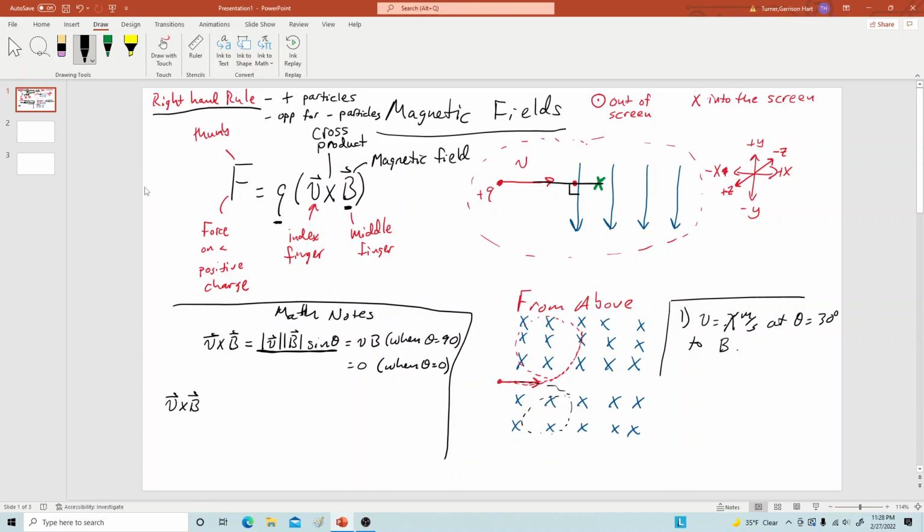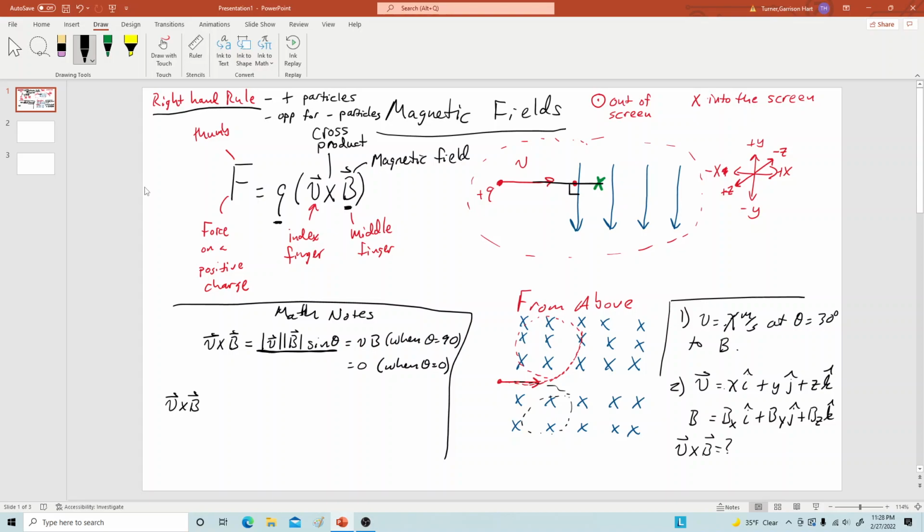Or, number two, you can be given V is equal to x in the i direction plus y in the j direction plus z in the k direction, and B is equal to bx in the i direction plus by in the j direction plus bz in the k direction, and you would be asked, what is V cross B?